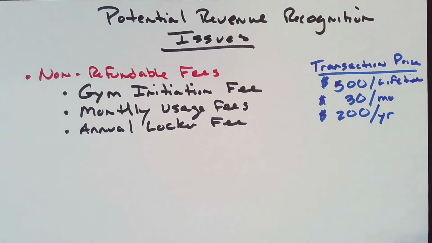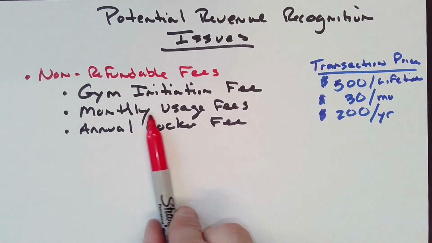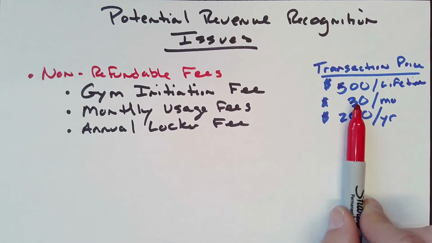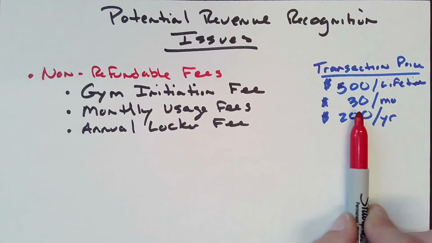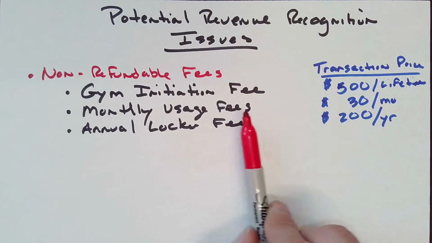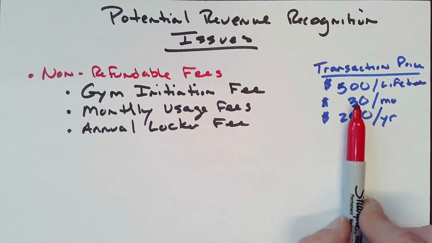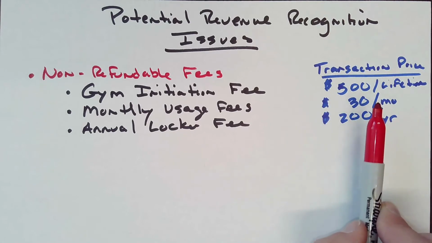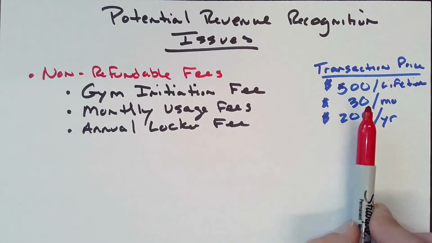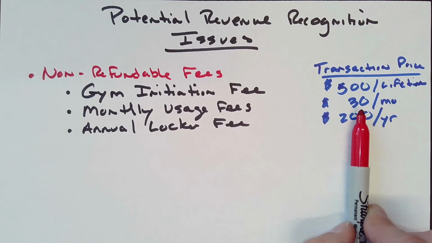The monthly usage fee, I can recognize the revenue when the month comes, because they have access to this. They're going to use it for the month. Whether they use it or not, I'm still going to collect that $30. So the month comes along, they have their card, they can use it, no problem. So I can recognize that revenue for that month right away.